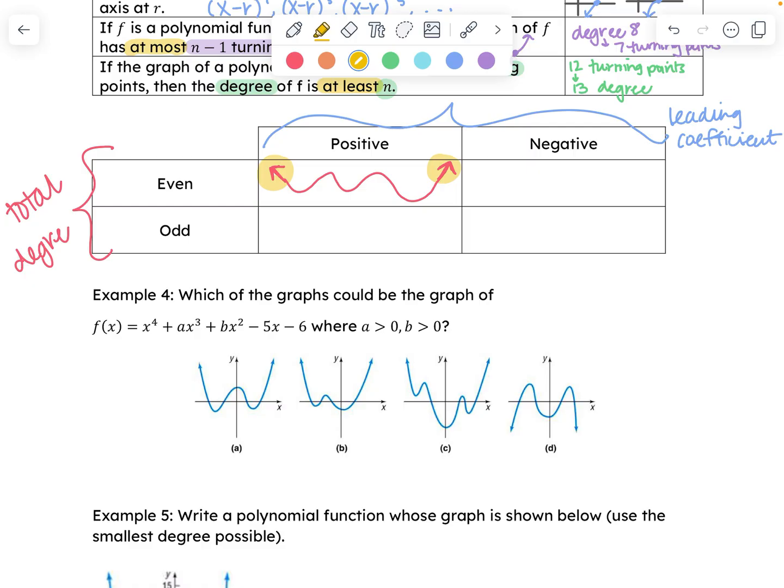If it's even and negative, you're going to start and end in the bottom. Same thing, it can do whatever it wants to in the middle, but you're going to have a starting point in the bottom and ending in the bottom.